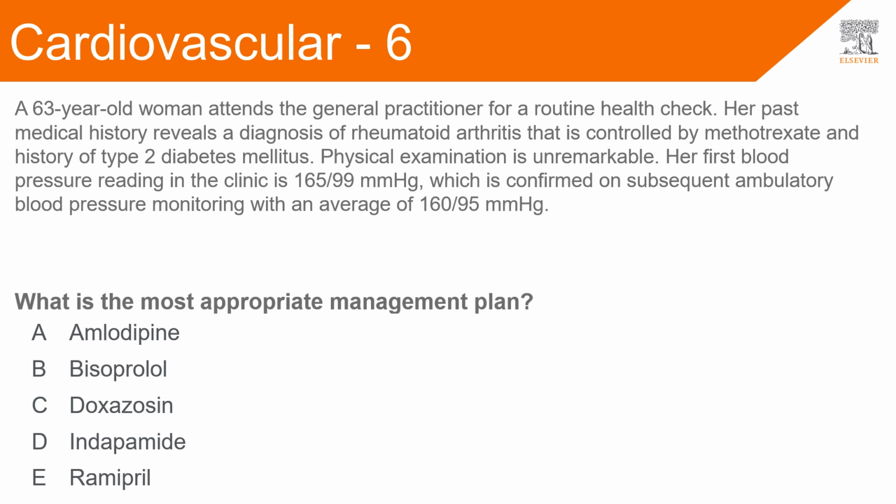How are we going to manage this particular patient? Do we give amlodipine? Do we give bisoprolol? Do we give doxazosin? Do we give indapamide? Do we give ramipril? What do you do for this 63-year-old woman that's got concurrent comorbidities and repeated persistent blood pressure over 160? Where do you go? I'm going to give you 3 more seconds to have a think out loud for this particular individual.